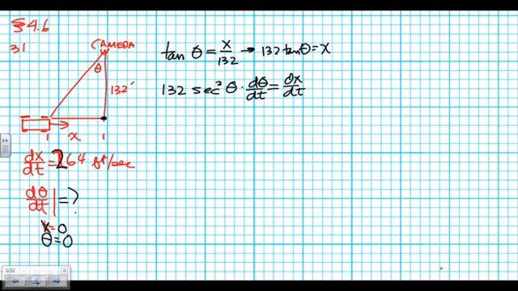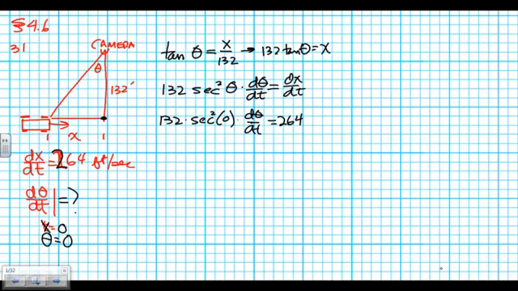So our plug and chug step says, okay, the 132 is a constant, secant squared of 0. We don't know what d theta dt is, but we do know what dx dt is. It's 264. I think I got all my plugs in. Now time to chug.